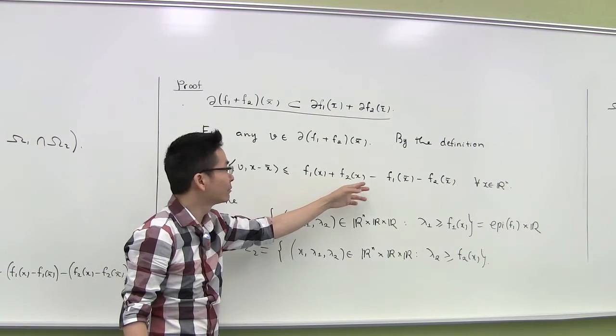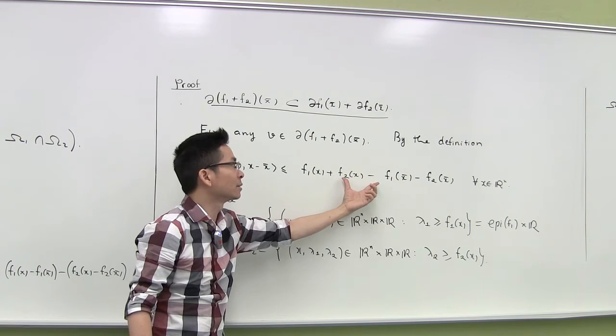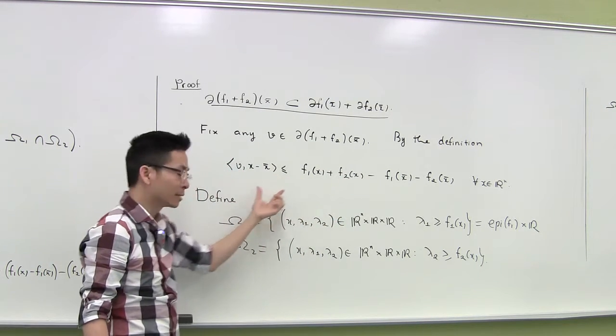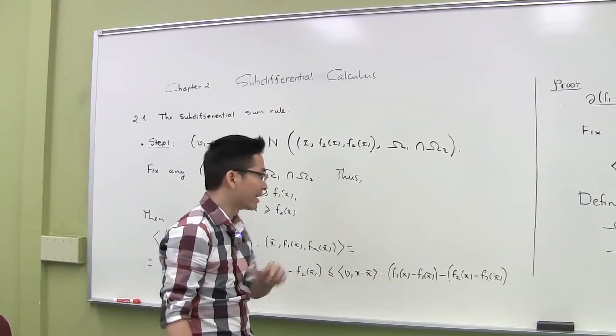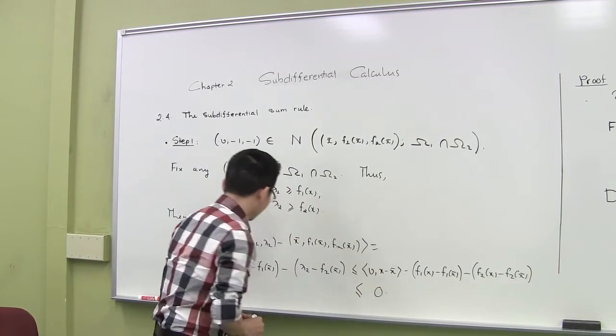Okay? So now if we arrange this inequality by moving the terms on the right hand side to the left hand side, we have exactly this. And therefore, this is always less than or equal to 0. Okay?